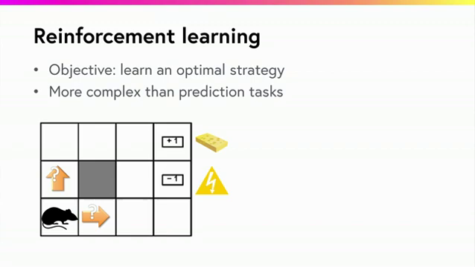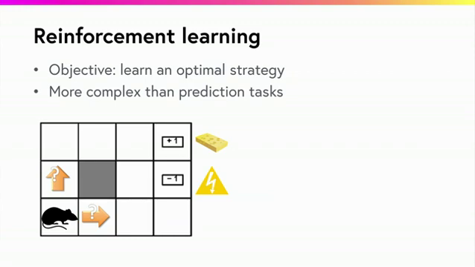So in this example, think about a rat in a maze. The rat is the agent, the maze is the environment, and the agent can be in lots of different states that are represented by the cells in this maze. In every state of the system, the agent has the choice of making different actions: it can go up, left, right, or down.